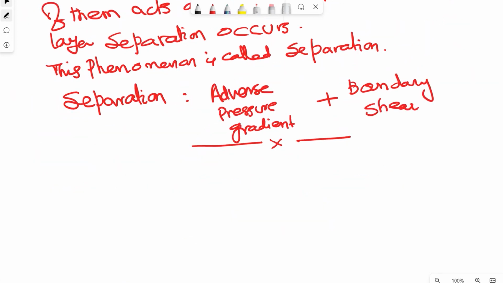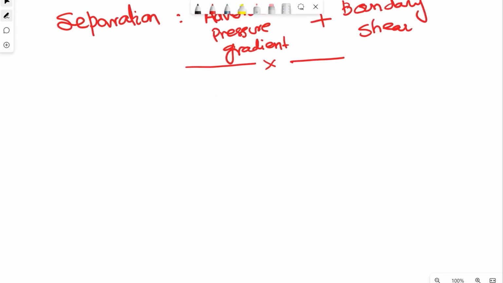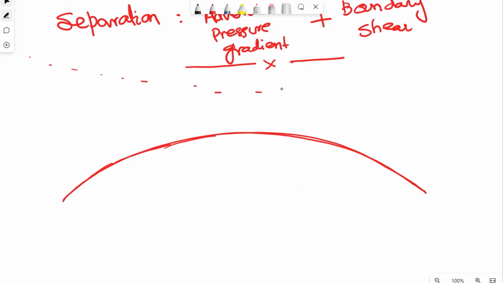So now I take an example. For example, you take a curved surface, and you can imagine another surface also like this. This is how the flow takes place.